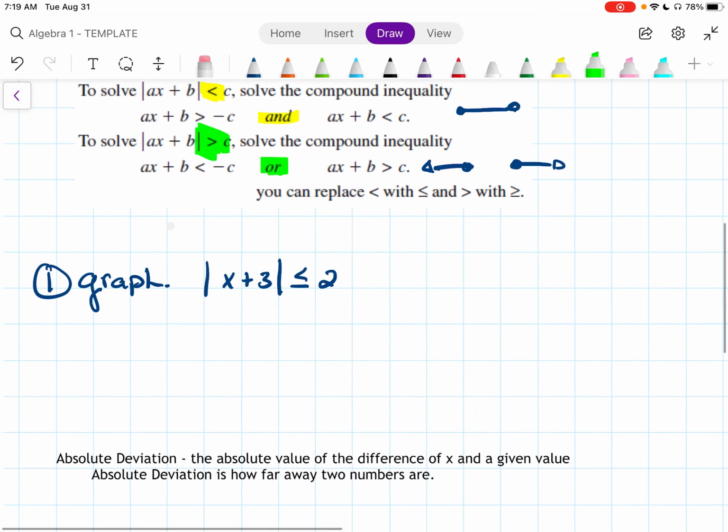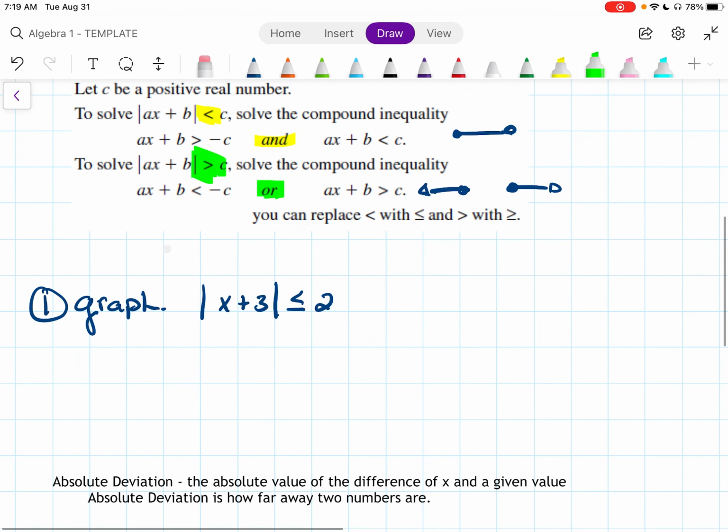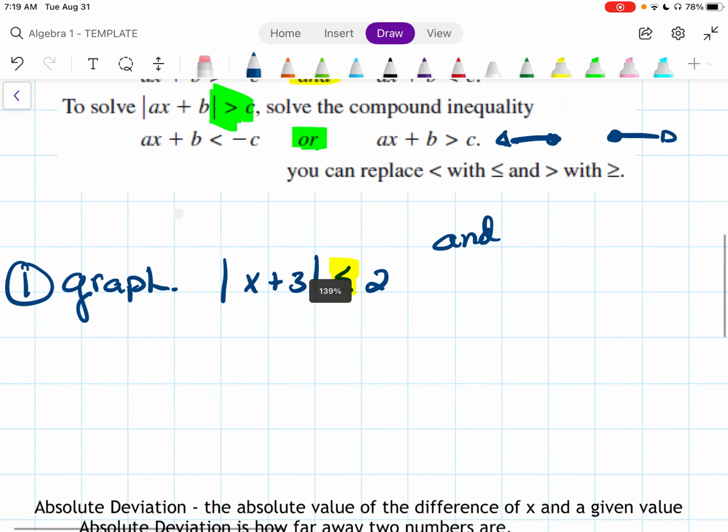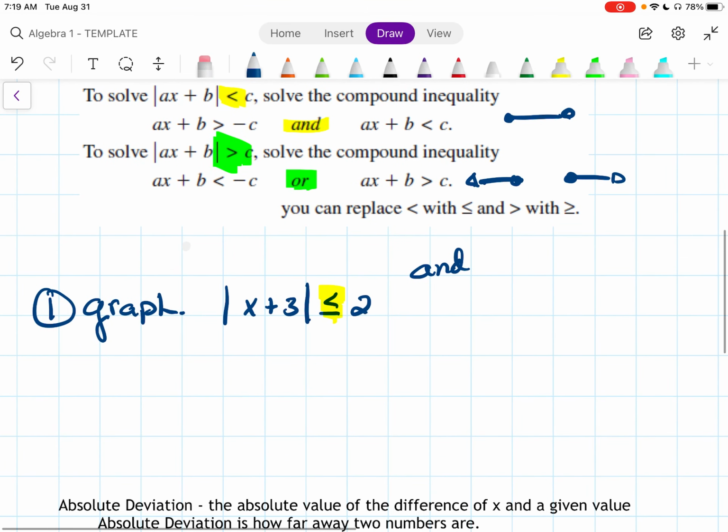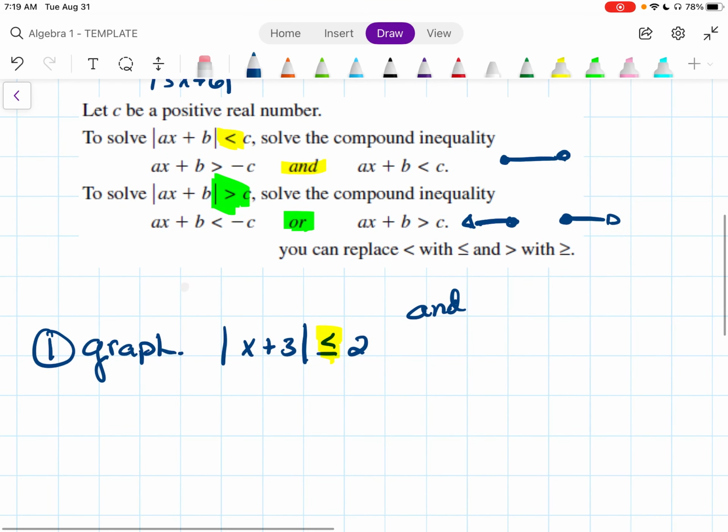So let's start off with this one here. It's less than, so it's going to be using and, right? We can do this a few different ways. Let me show you the first way, following the directions that they have here.